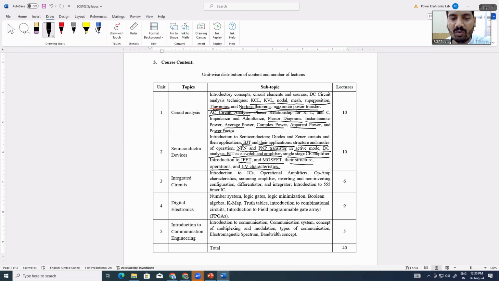There are basically two types of field effect transistor, categorized based on the electric field inside the device, JFET and MOSFET. You have to study their structures, how JFET and MOSFET operate, and the IV characteristics of these devices. Basic fundamental understanding should be there. That's why these topics are kept here in your unit 2 about semiconductor devices.